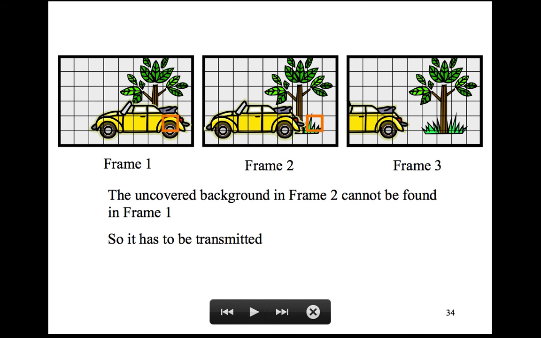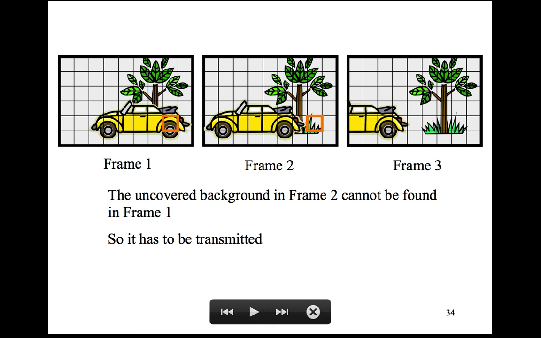Now, this here is the really interesting and tricky and head-wrecking part. So if we look at frame 2, which is the current frame that we're trying to transmit, and compare that with the corresponding block in frame 1, we notice that it's very different.